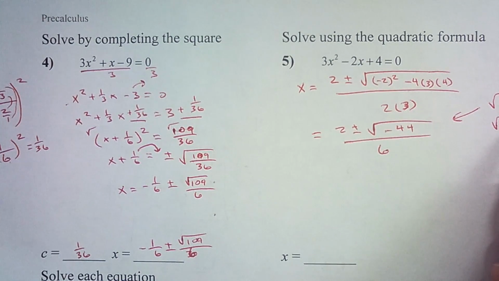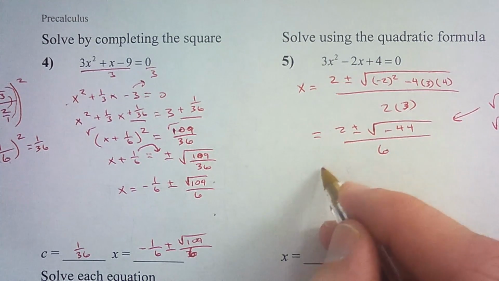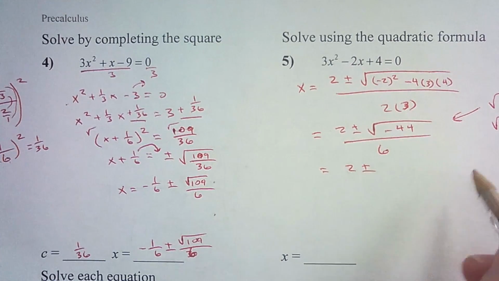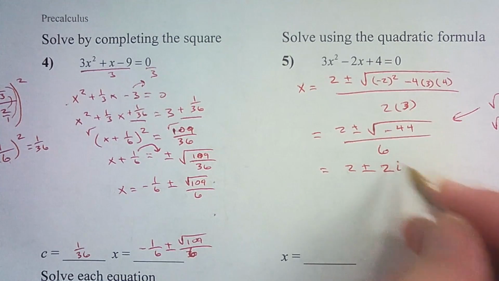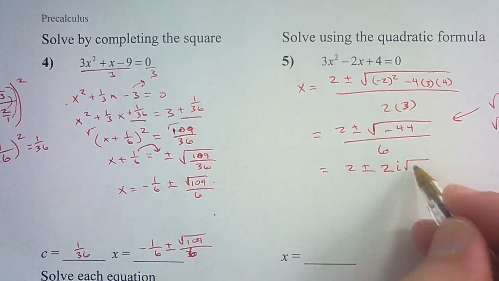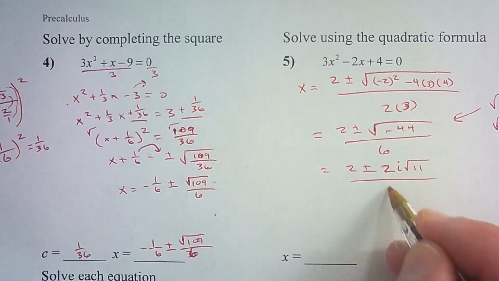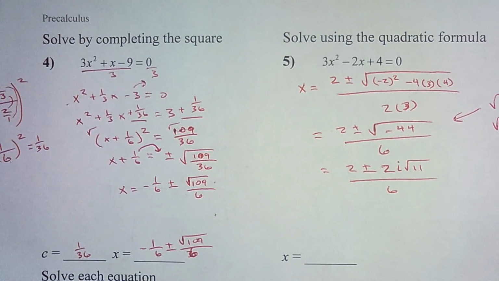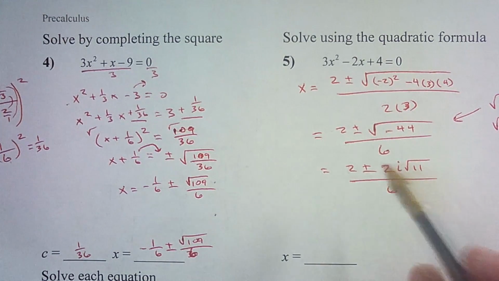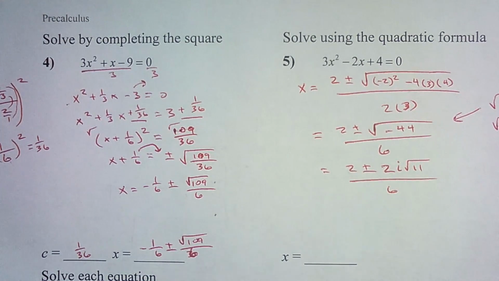So this negative 44, the square root of negative 44, is the same as the square root of negative 1 times, and then the biggest square number that goes into 44 is 4, 11 times. So I have the square root of negative 1 times 4 times 11, so that's 2 plus or minus, square root of 4 is 2, the square root of negative 1 is i, times the square root of 11 all over 6. Now, is there a number that can be divided out of all three terms?